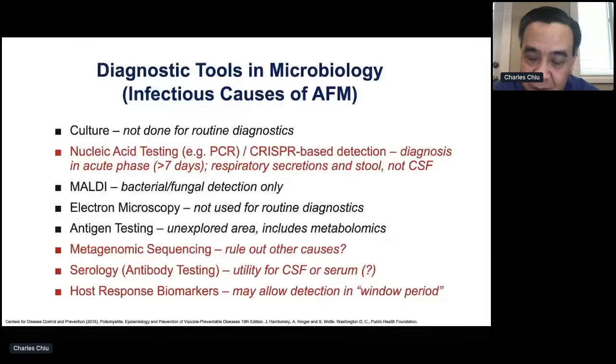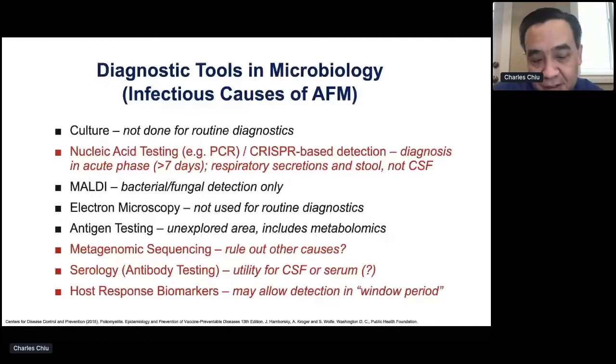We can try metagenomic sequencing to rule out other causes, but more specifically for trying to get at the question of whether or not any given patient is infected with enterovirus D68, there have been some recent new tests that I'll be talking about, which include CSF antibody testing as well as CSF host response analysis.